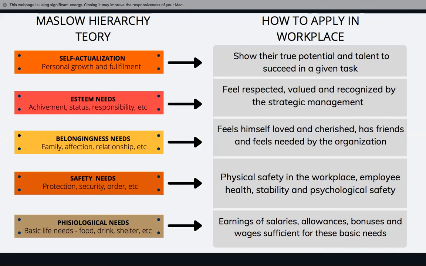So I'll proceed to the next level, which is belongingness need. This is the third stage of life necessities in Maslow's hierarchical theory. These needs become important to the individual when the safety needs have been met, and they are considered difficult to achieve, especially in a changing environment. These needs will be met when the individual feels part of the organization, loved and cherished, has friends, and feels needed by the organization.